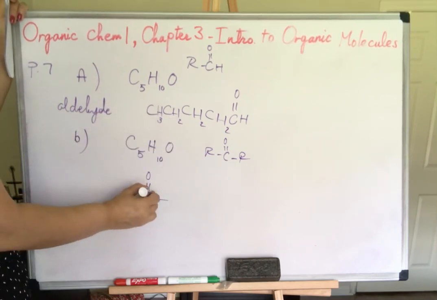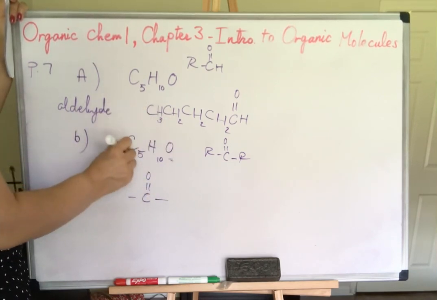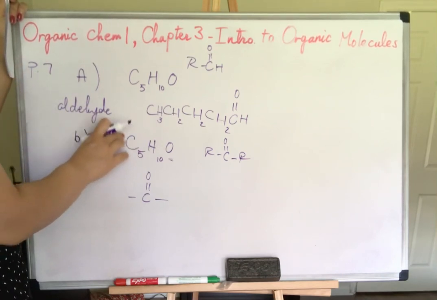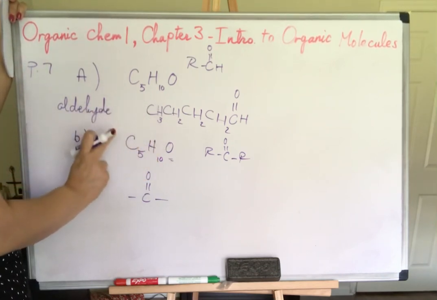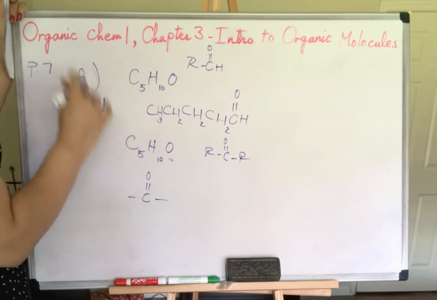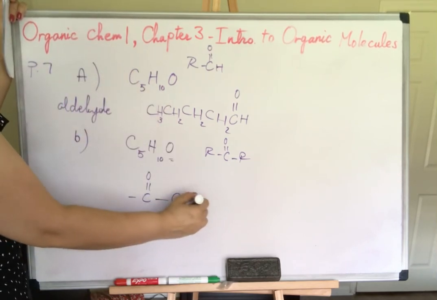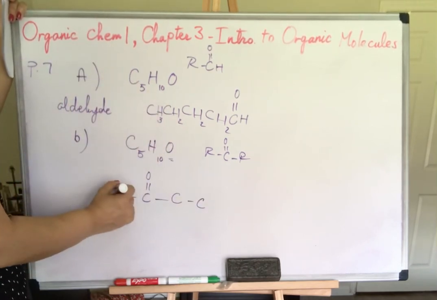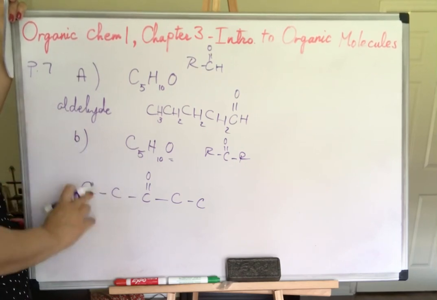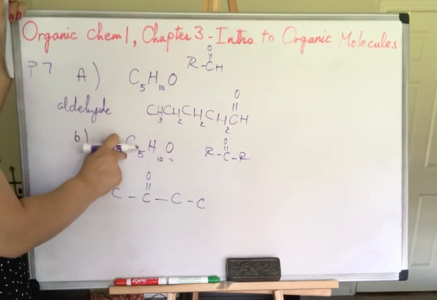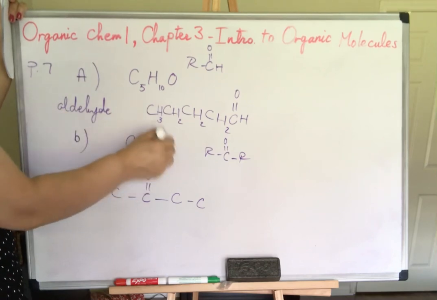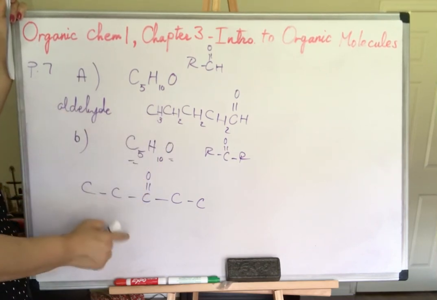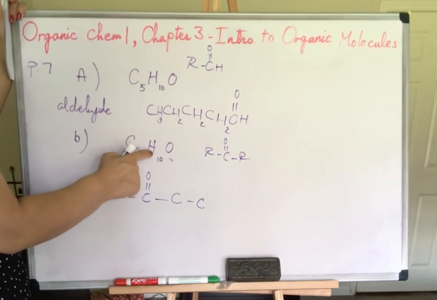So again, we use the oxygen and one of the carbons. So let's go for 10 hydrogens and 4 more carbons. Doesn't matter where you put them. C and C, and let's put C and C. So we have 1, 2, 3, 4, 5. Spent 5 carbons and 1 oxygen. It's time to complete the octet using 10 hydrogens.